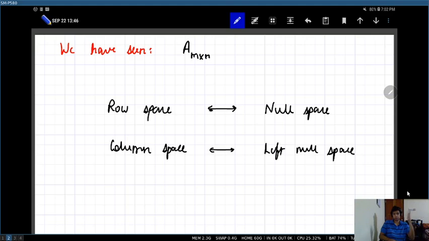Because firstly, every vector in the null space is orthogonal to every vector in the row space, and also the null space by definition is the set of all vectors which are orthogonal to the rows of A and therefore orthogonal to every vector in the row space. And similarly, the column space is the orthogonal complement of the left null space, and the left null space is the orthogonal complement of the column space, right?